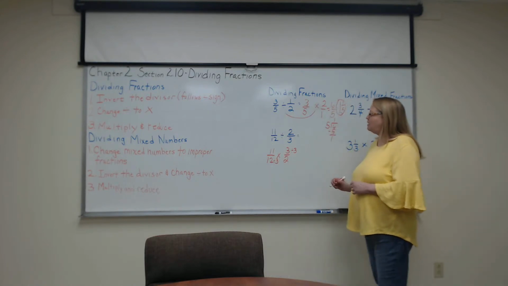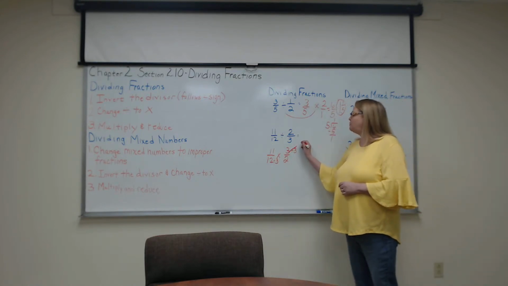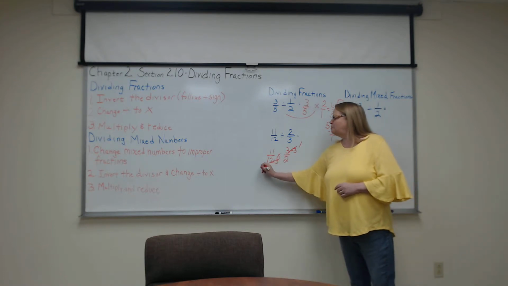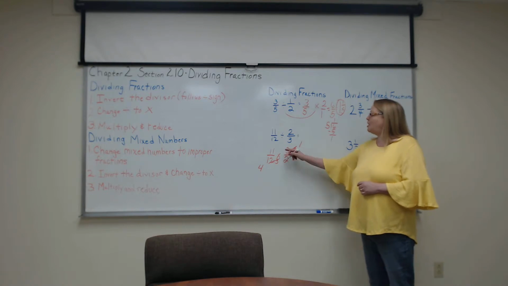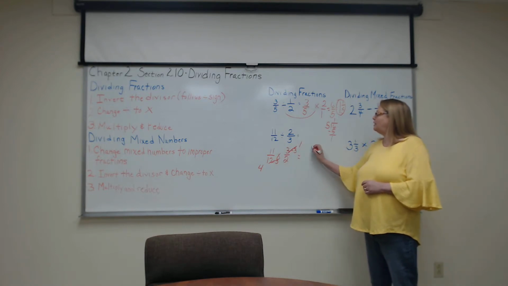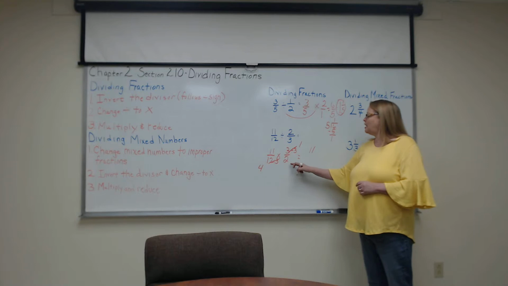And what do we end up with? 3 divided by 3 is 1. 3 goes into 12 4 times. So let's multiply across. 11 times 1 is 11. 4 times 2 is 8.